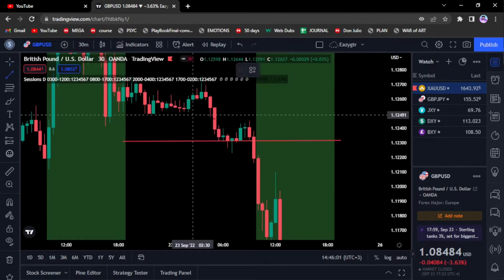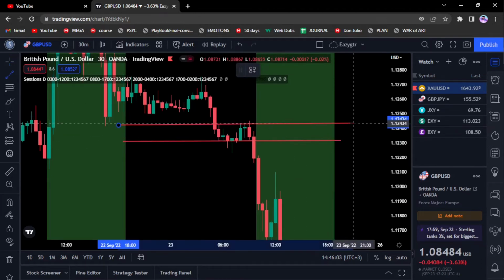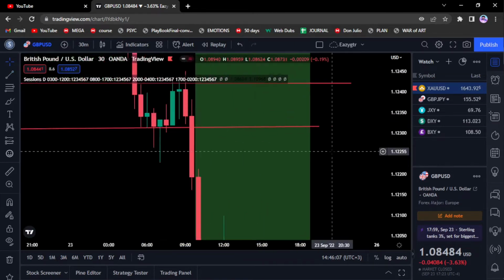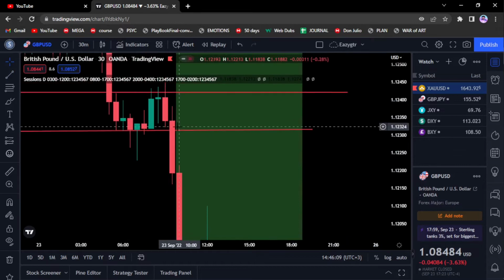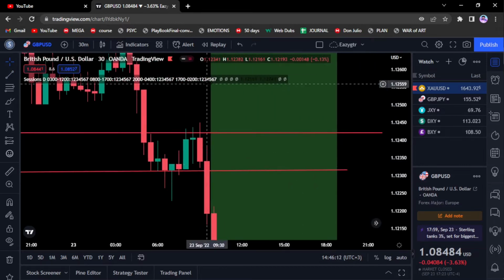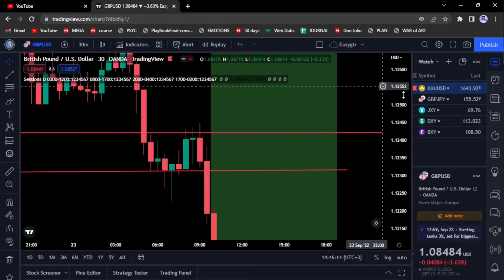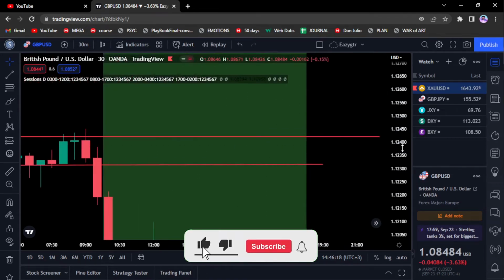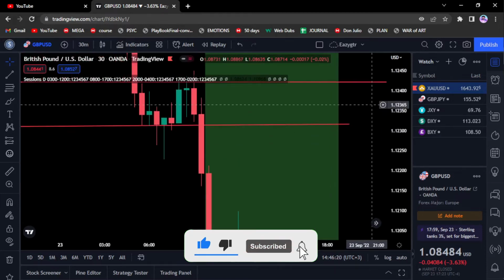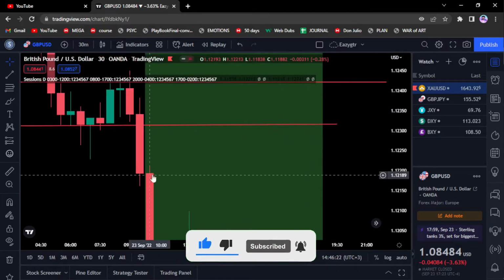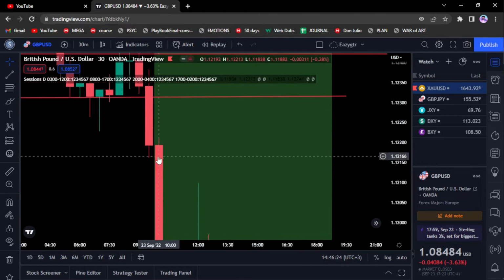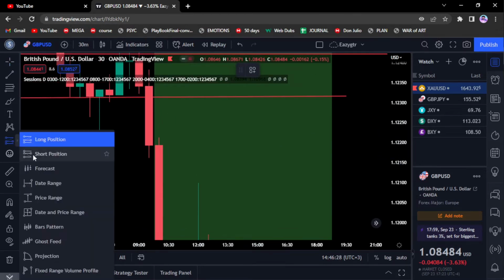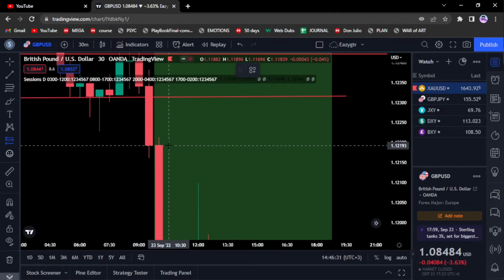Have your demand and have your supply, basically immediately before London opens. Keep in mind London opens when price gets into this green area. Price closes below, and during London open you wait for the 30-minute candle to make a top wick, then enter on the flip for a short position.